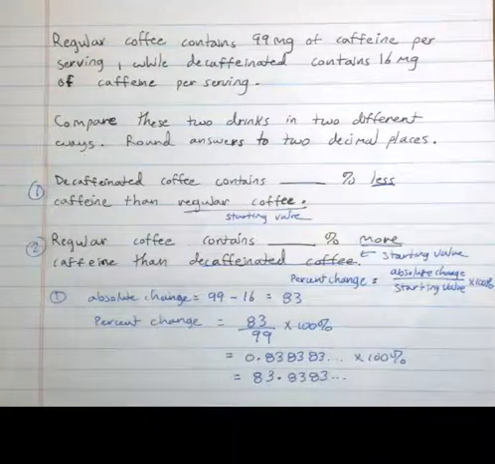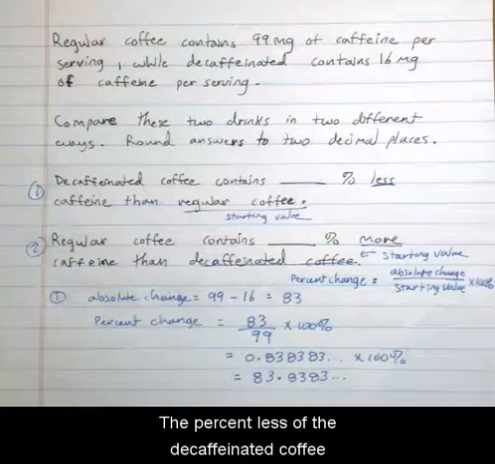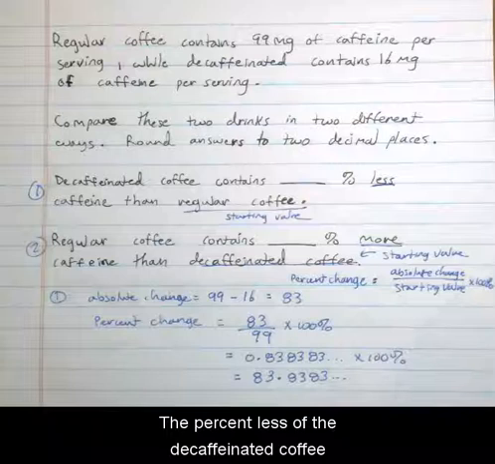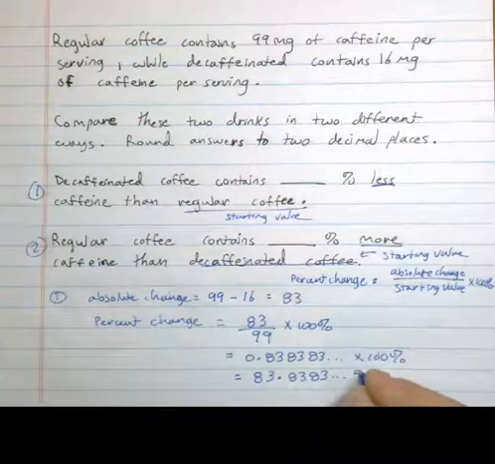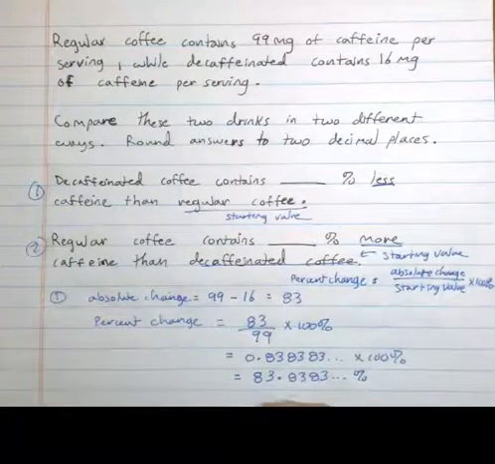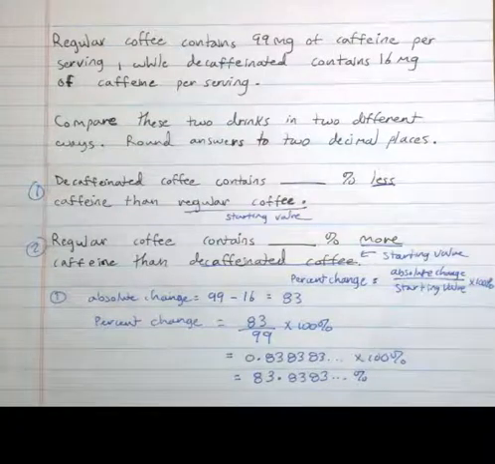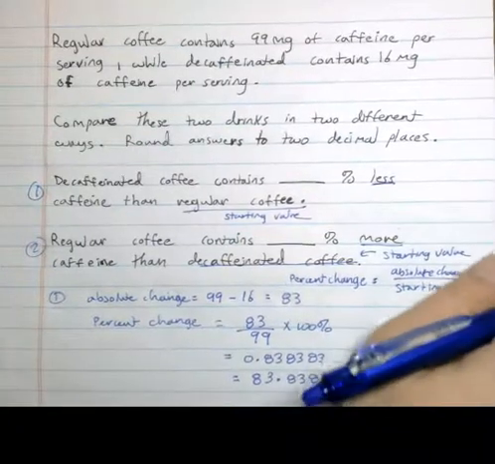So the percent less, so decaffeinated coffee would contain about 83.8% less caffeine than regular coffee.